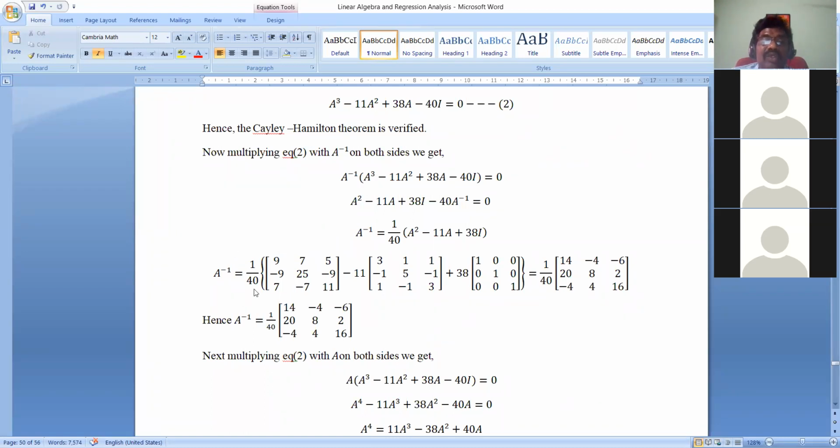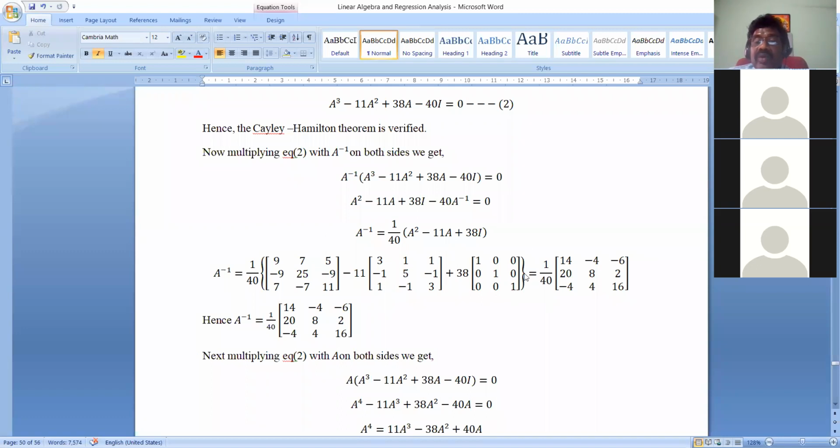A inverse equal to 1 by 40 into A square is 9, 7, 5, 9, 25, 9, 7, 11, minus 11 into A, 3, 1, 1, minus 1, 5, minus 1, 1, minus 1, 3, plus 38 into 1, 0, 0, 0, 1, 0, 0, 0, 1.